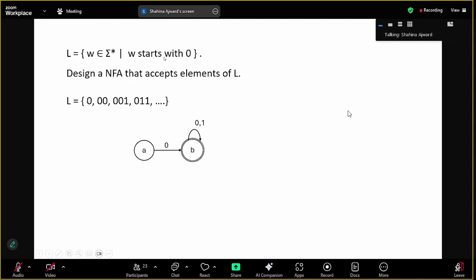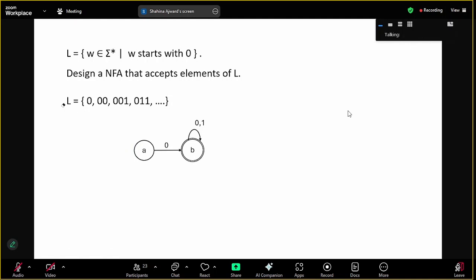It says it should start with 0, so this is our start state. Usually we call it Q0, and we have an arrow over here. Okay, this doesn't look like an arrow, but you can see it as an arrow.